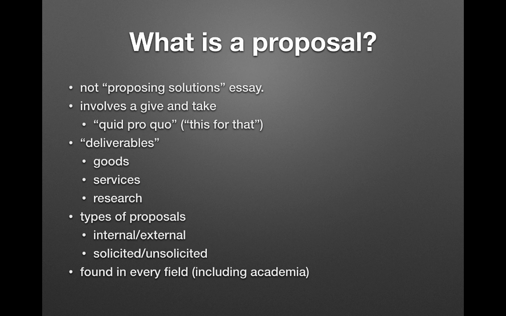And so my second bullet item there, typically involves, or almost always involves, a give and take. So you're doing something, you're proposing to do something in exchange for something. So typically you're providing goods, services, or research in exchange for being paid. So that's part of the give and take.